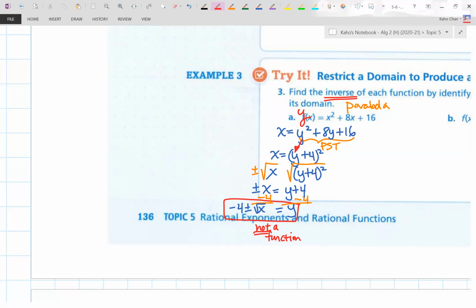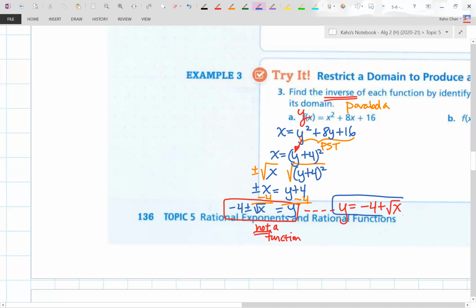This is actually something that we look at when going into trigonometry and calculus. In order for us to do more algebra and to consider the function, we only look at the top half only. So here, I only want to focus on the top half, which is negative 4 plus root x. You'll see in a moment what that's going to look like. So hang tight for a second.